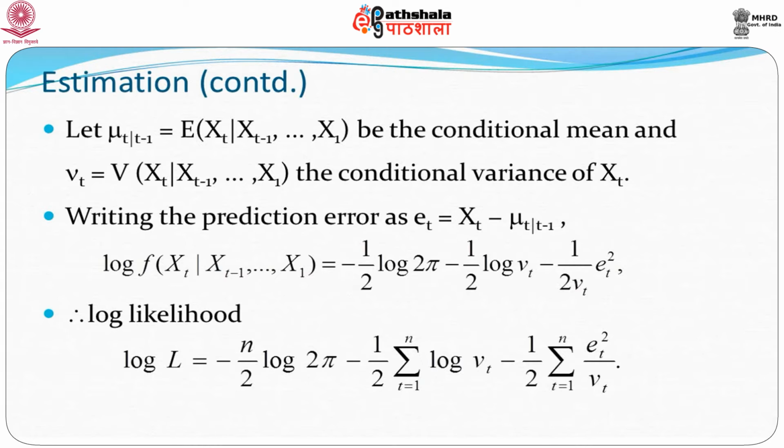Now, having defined E t, we can write the log of the joint distribution as minus 1 by 2 log of twice pi minus 1 by 2 log eta t minus E t square by twice eta t. This is the usual normal distribution. And if you look at the log likelihood now, it becomes minus n by 2 log of twice pi minus half summed over log eta t minus half summed over E t square by eta t.